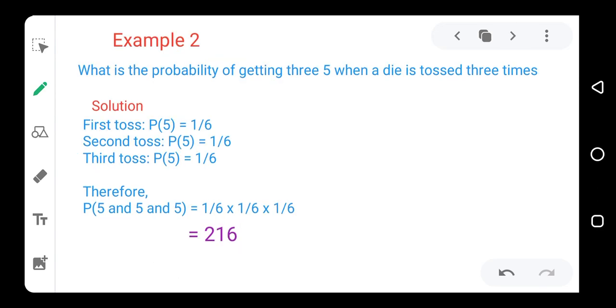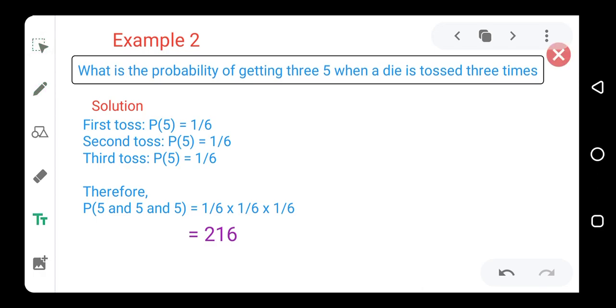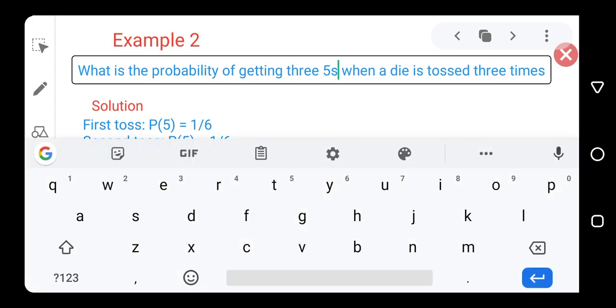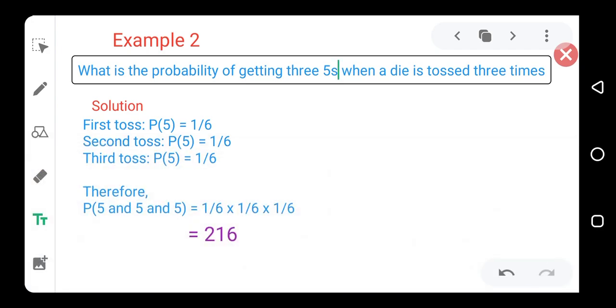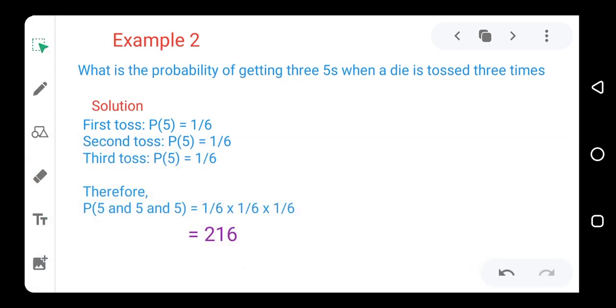Example 2. What is the probability of getting three 5s when a die is tossed 3 times? When you toss the die the first time, the probability of getting 5 is 1 over 6.